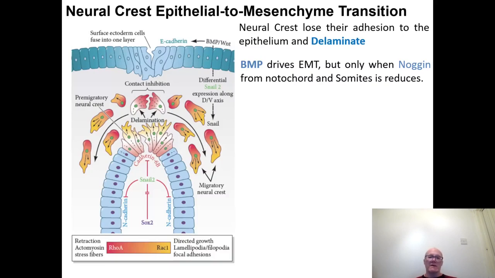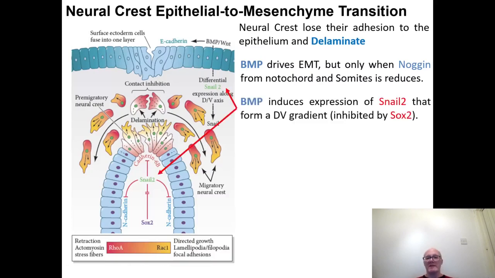So, for example, the cells of the neural tube that are more ventral will never be able to become neural crest because the level of noggin is too high. While the cells that are far away, near the apical part of the neural tube, can indeed become neural crest because of the low level of noggin.